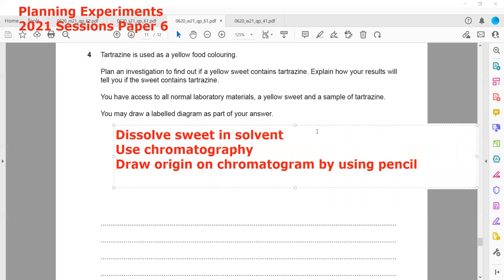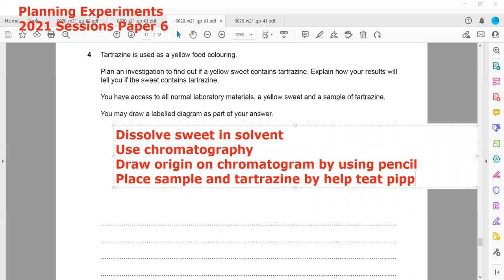Then place the sample and the tartrazine with the help of a pipette, or you can also say dropper.